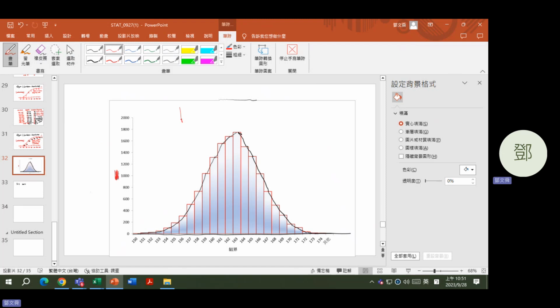Frequency histogram and frequency polygon. Hey, watch the color. Black is for the frequency polygon, and red is for the histogram. Right? Histogram and frequency polygons.